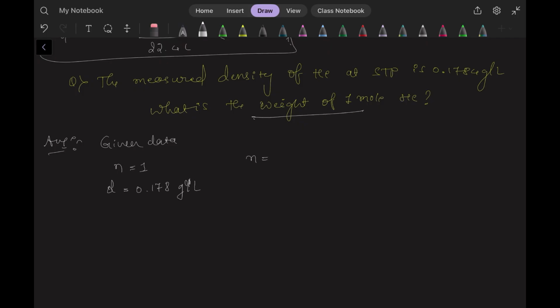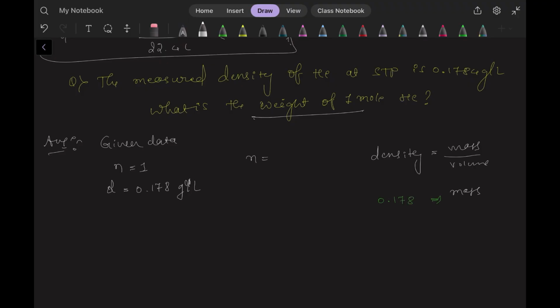Number of moles, we have two options. One is given weight divided by molecular weight. Here, weight point of view they didn't give anything, density they have given, but you have to remember density is equal to mass by volume. But here directly density only they have mentioned. How much? 0.178. Mass, do you know?